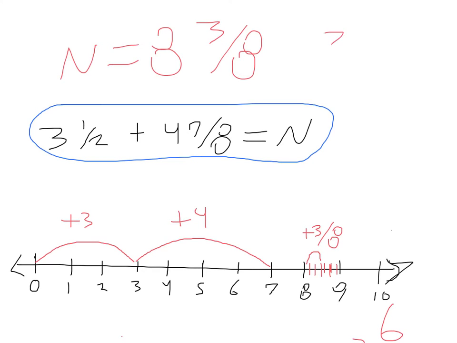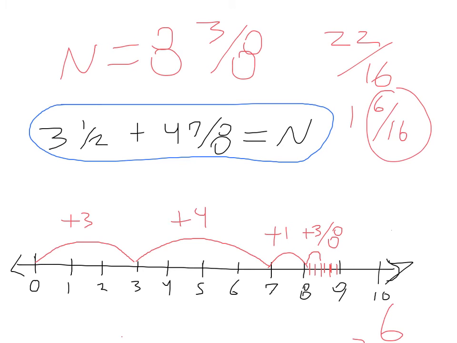Remember, we had 22/16. Then we made that into a mixed number, and we found that we had 1 and 6/16. We added the 1 right here, plus 1. And then we reduced this fraction. That sounds like a lot, but it really makes sense. So this is our answer right up here.